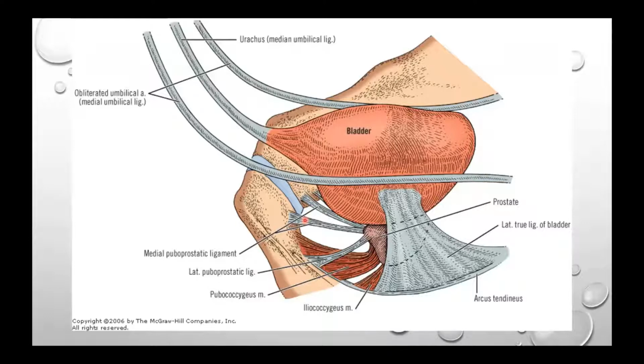Here we have 2 sets of puboprostatic ligaments, the medial puboprostatic ligament and the lateral puboprostatic ligament. And there is a lateral true ligament also, which is attaching to the tendinous arch of the pelvic fascia.